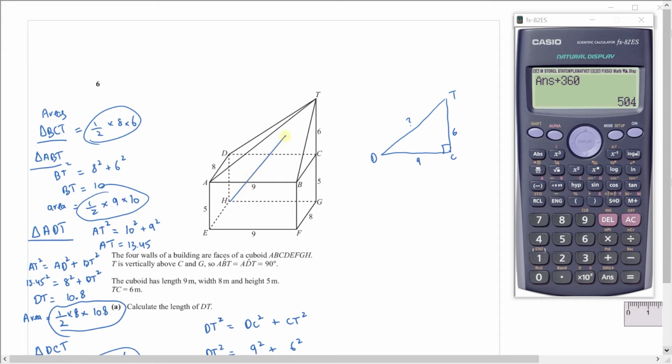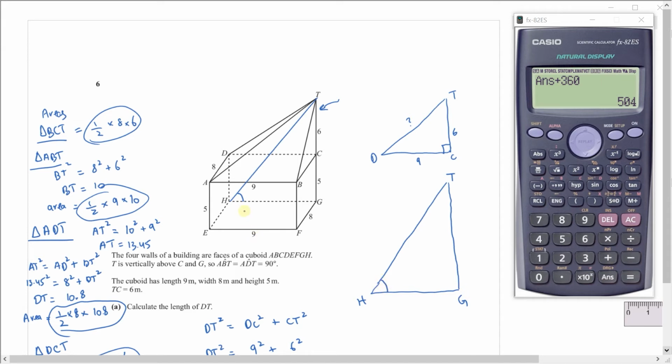If I draw this and connect it to T here, this will be my angle of elevation of T from this point H. So now if I look at this triangle TGH, which is at the back side of this pyramid, let me draw this triangle here. This is your point H, this is top point T, and this is your point G. And this is the angle of elevation.